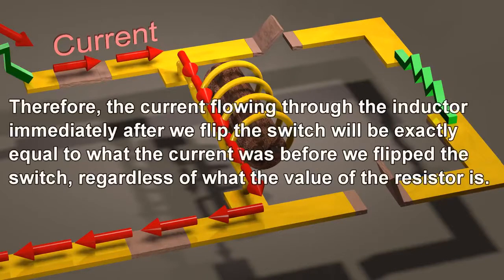Therefore, the current flowing through the inductor immediately after we flip the switch will be exactly equal to what the current was before we flipped the switch, regardless of the value of the resistor.